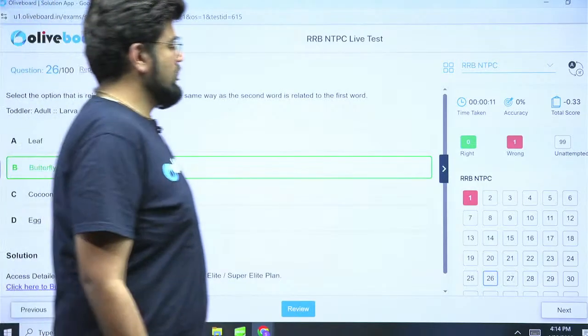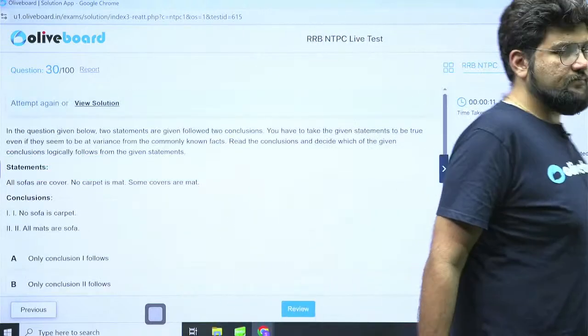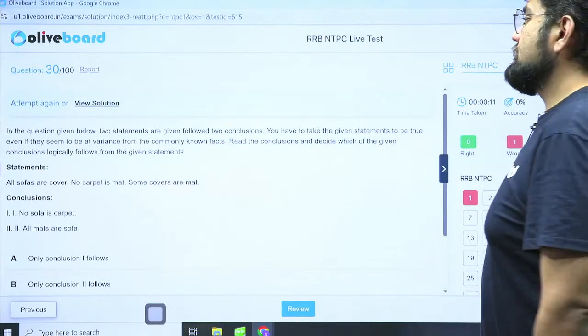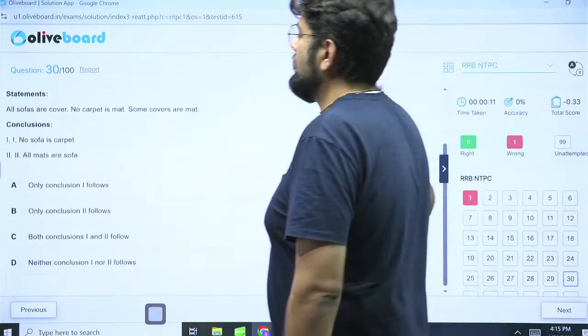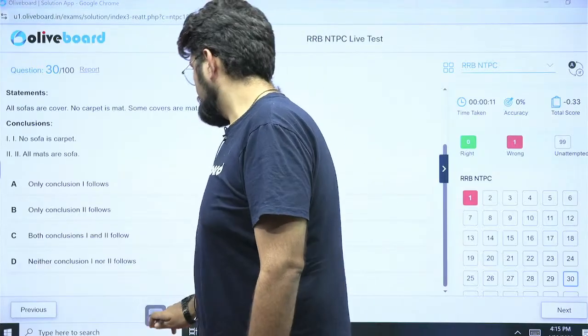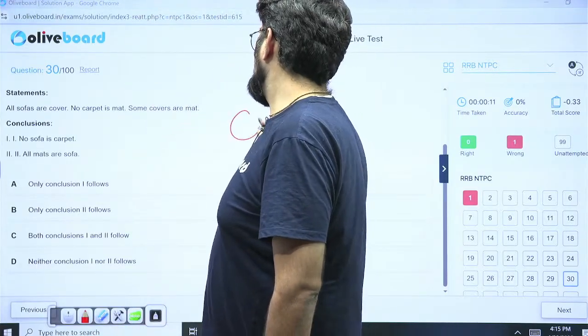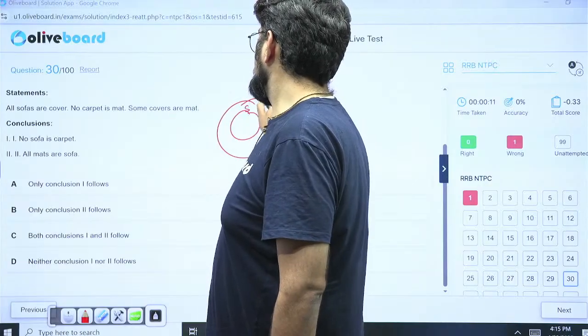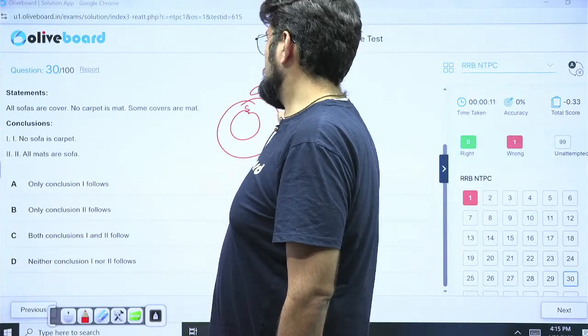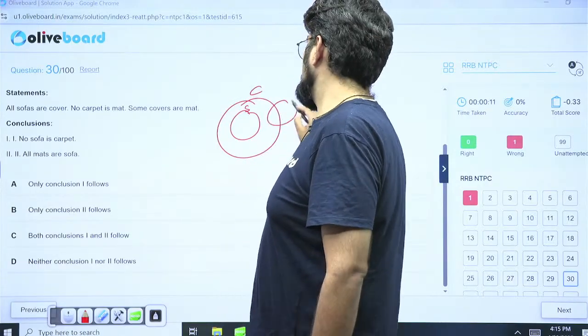Next, question number 30. Syllogism. All sofas are covered. No carpet is matte. Some covers are matte.